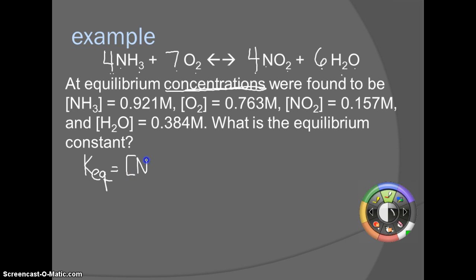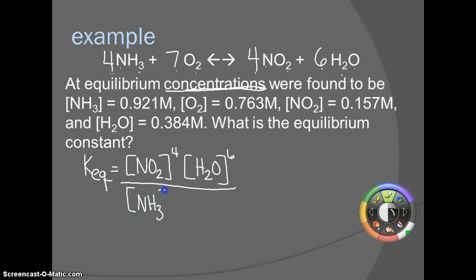So [NO2], and we're going to raise it to the power of its coefficient, which in this case is 4, times [H2O] raised to the 6th, divided by [NH3] to the 4th times [O2] to the 7th.